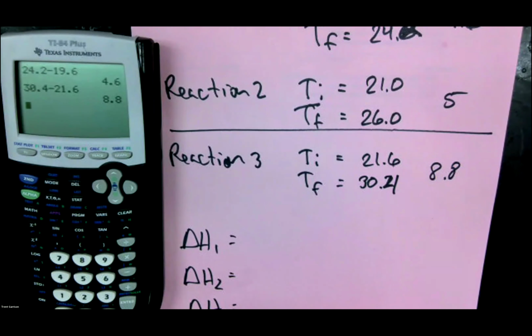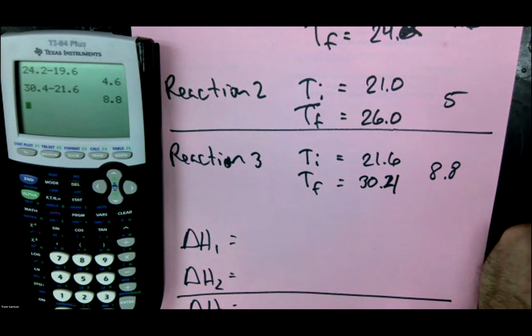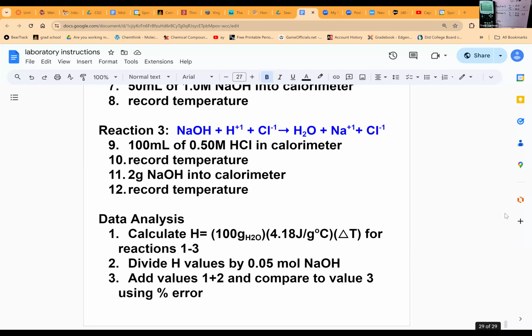All right, so let's calculate some heat values for each one of these. Let's go back to the workload so we can share our screen and see the math portion. So here it is. Our heat value will be the 100 grams of water, that's the basis for all the solutions, times the temperature change times the specific heat of water, and then divide all of those values by 0.05 moles.